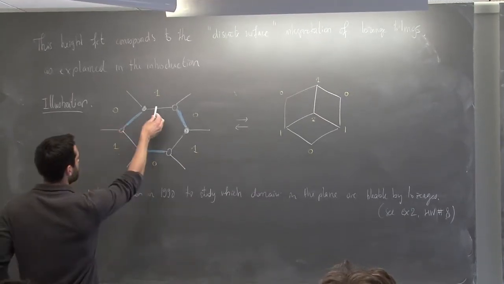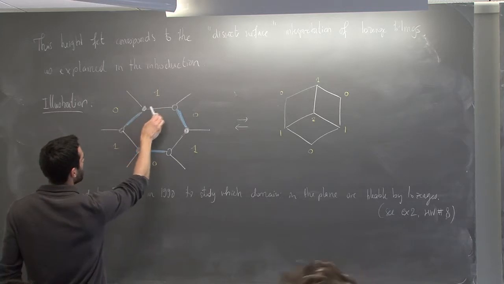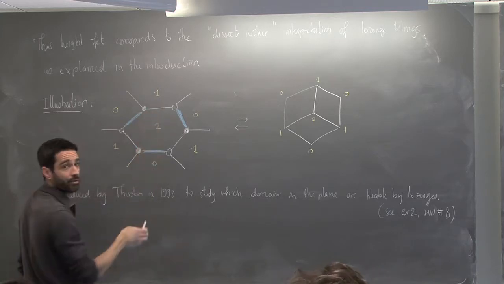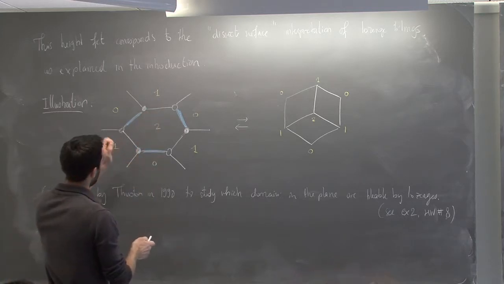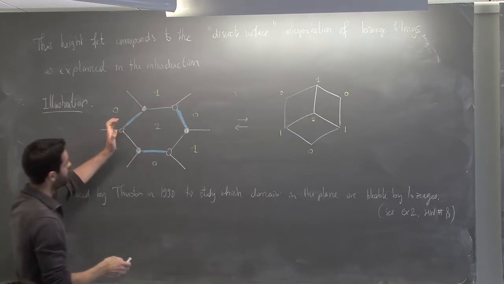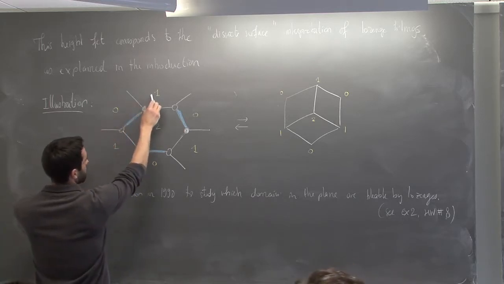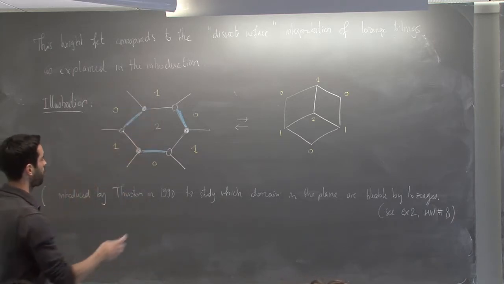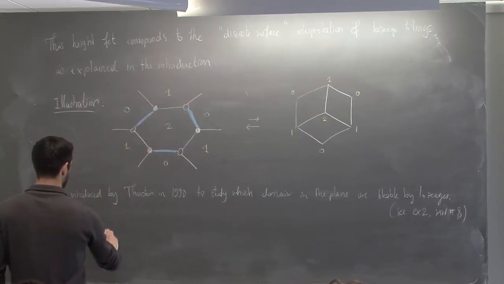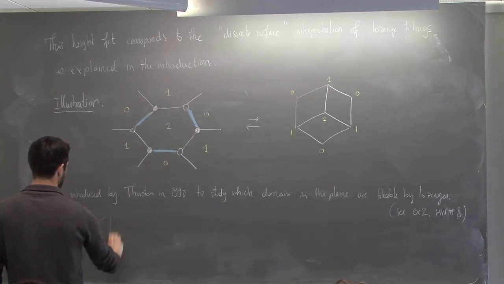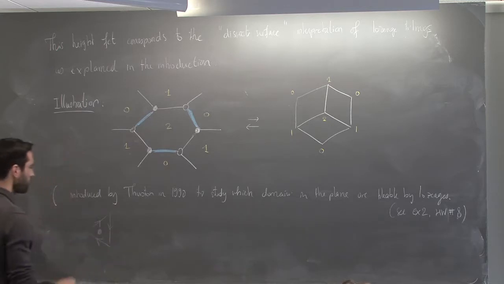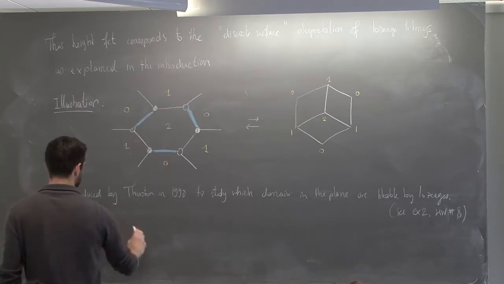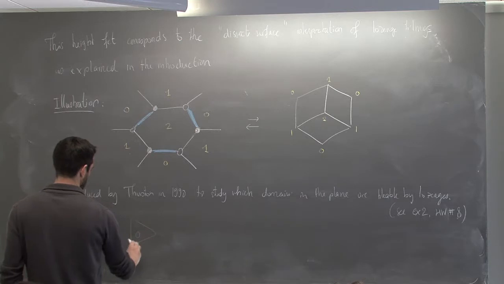Here, let's say that we're around a white vertex. And now let's orient the edges of the corresponding triangular lattice counterclockwise around the white vertex. So each time you have a white vertex, you go counterclockwise. And each time you have a black vertex, you go clockwise.